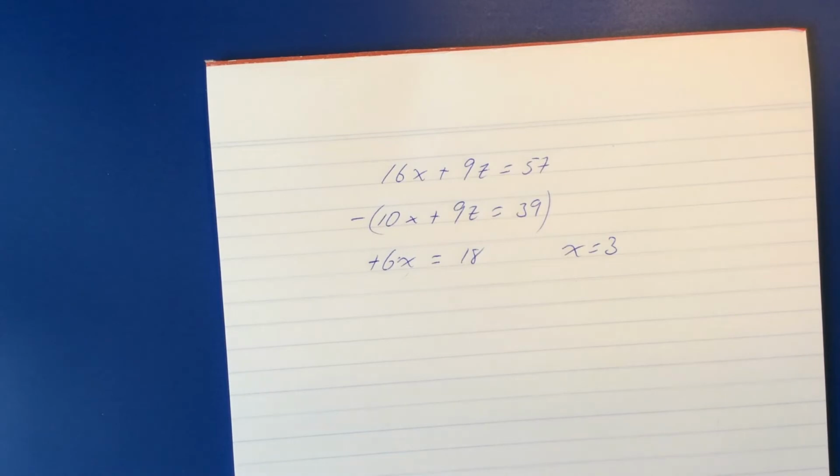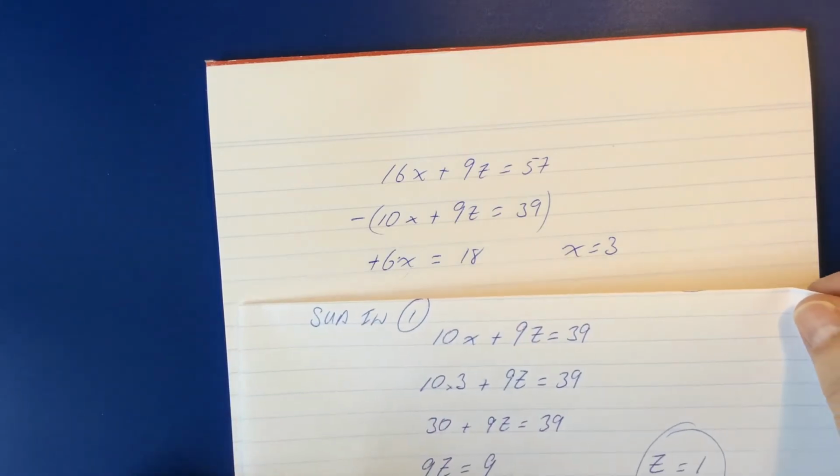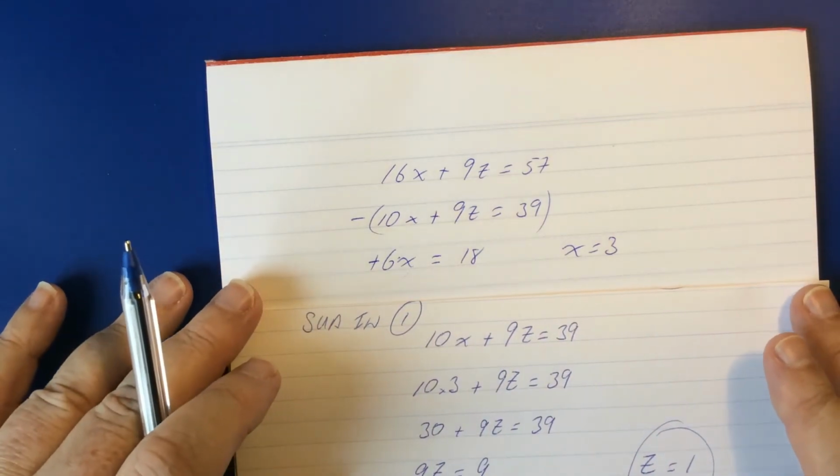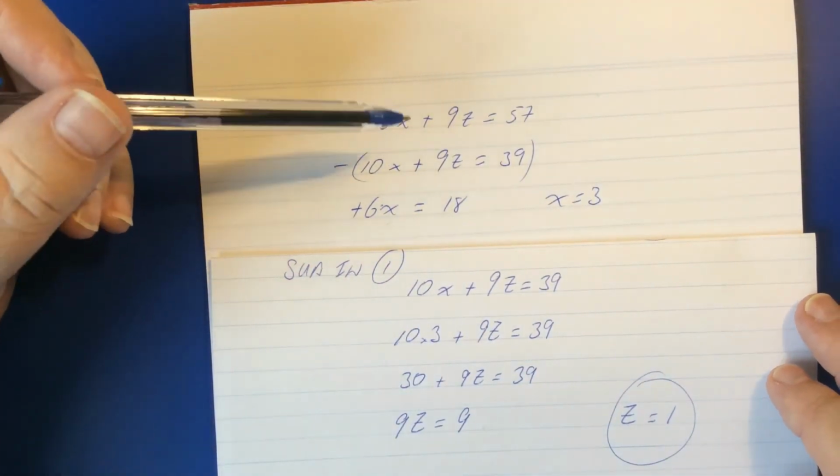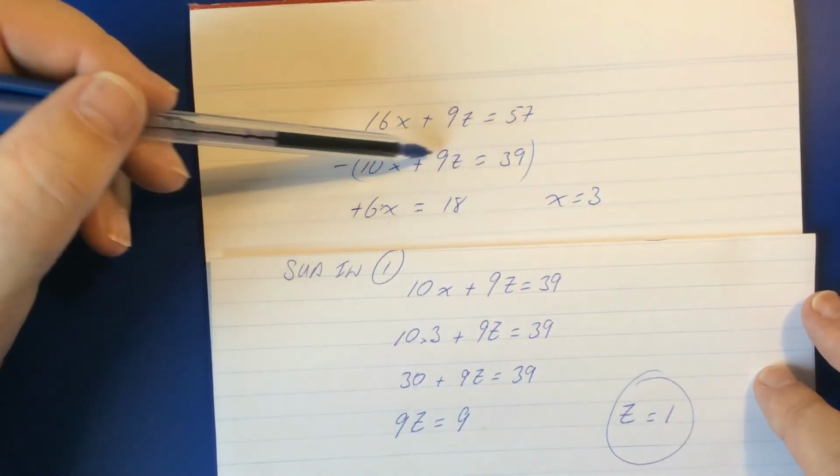So what do I know now? Well, I know that x equals 3, so I can do a little subbing in. And what I'm going to sub into, I've just got this on a separate piece of paper, is this equation here.